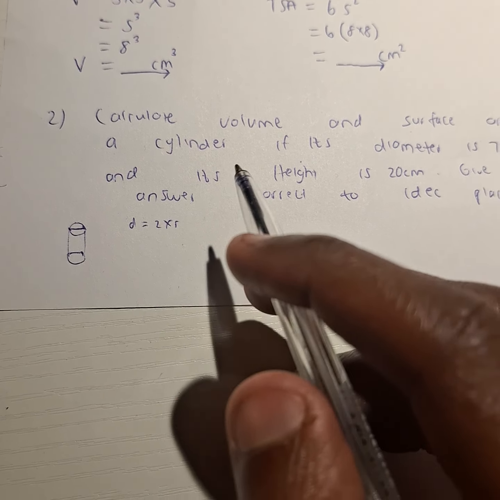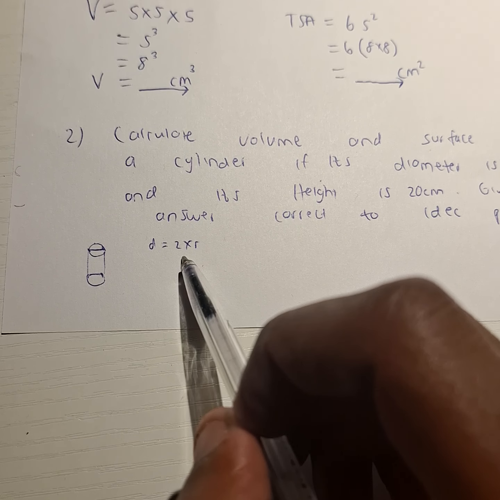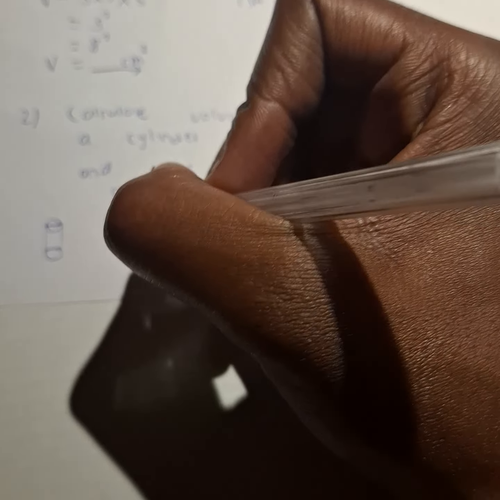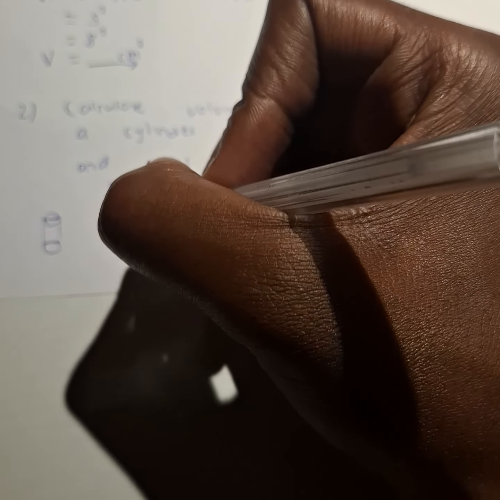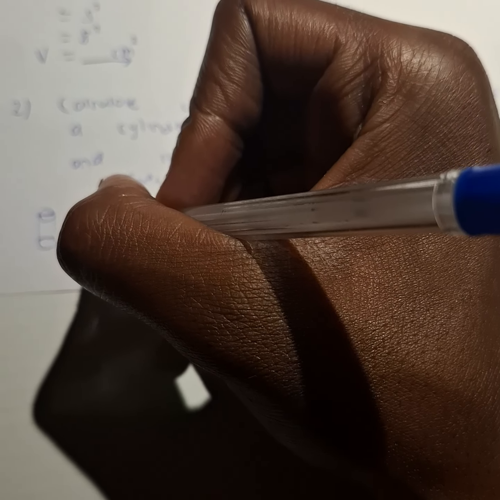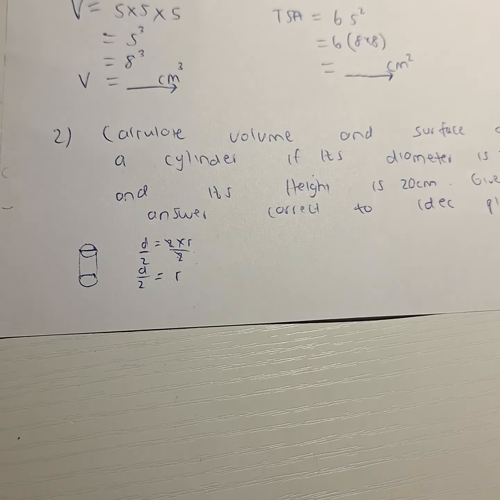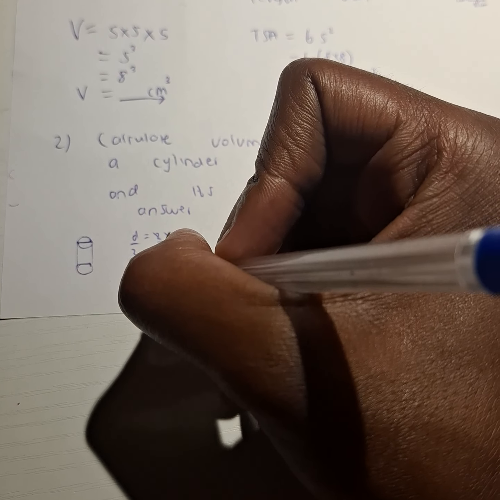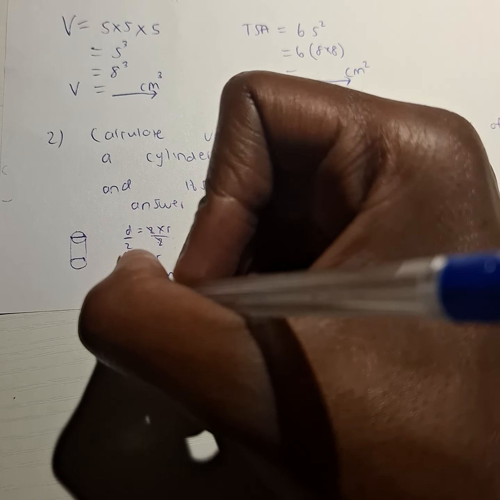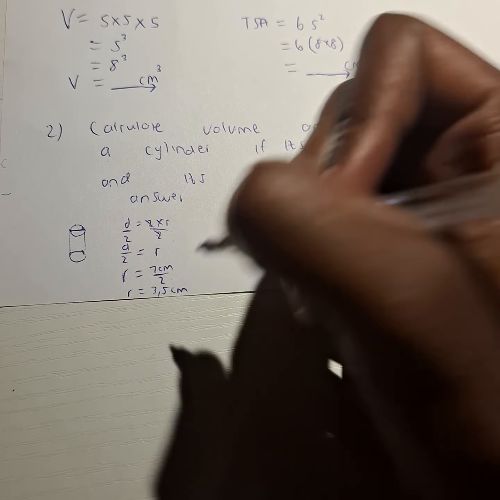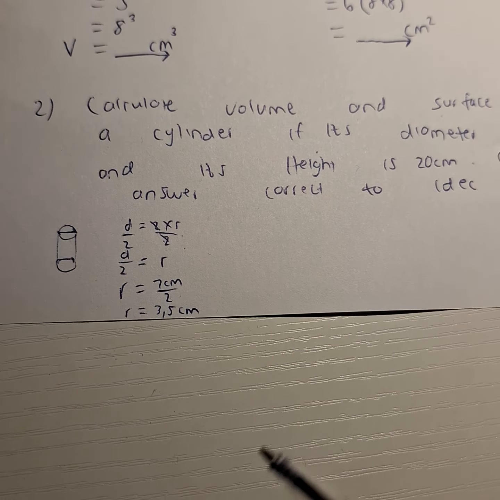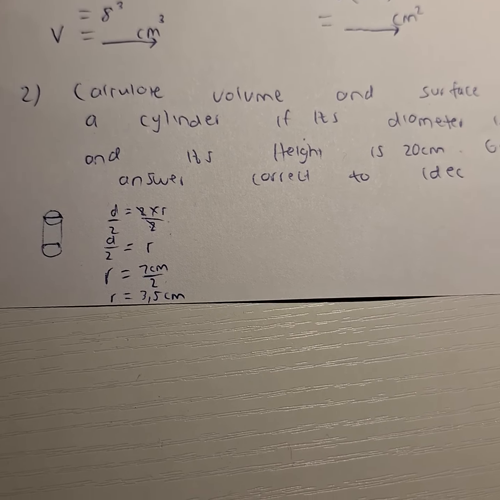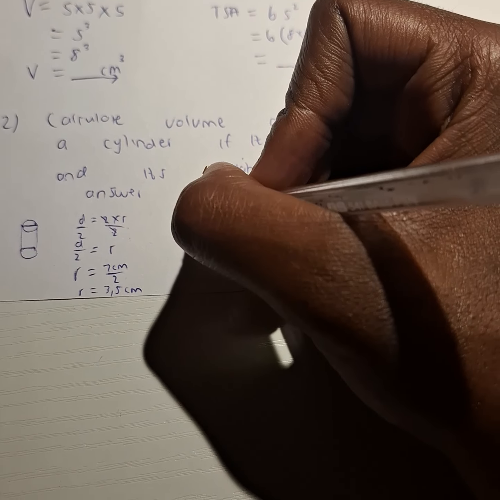That's something we need to note. So in other words, if we want to calculate the radius, we are going to say radius is equal to the diameter divided by 2. So 7 centimeters divided by 2 gives us 3,5 centimeters. Because we know in the formula for volume and surface area, we don't have diameter, we have radius. So we do that to help us out.